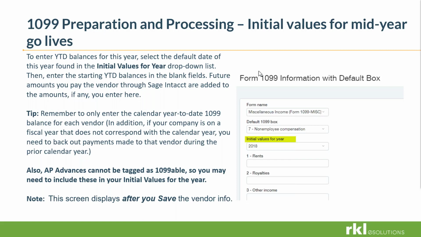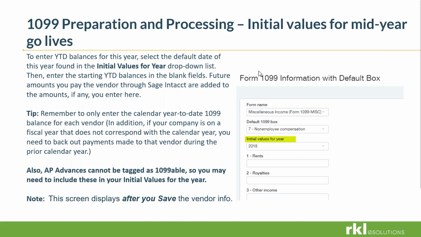So if you go live mid calendar year, or if there's an issue where you're processing a vendor and then you realize 6 months down the road, 7 months, 8 months down the road, that vendor is actually a 1099 vendor, you need to go ahead and retrack those payments that you made to them the first 6, 7, 8 months that you've already been working with them.